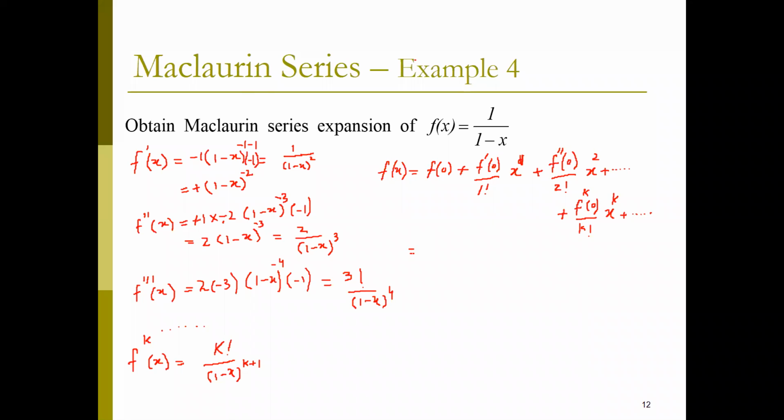So what about f 0? f 0 is 1, because if we put 0 in place of x, this becomes 1 upon 1 minus 0, so this is 1. Plus, what about f dash 0? If we plug in 0 here, this becomes 1 upon 1 minus 0 whole square. This is again 1, so we can write x raised to the power 1.